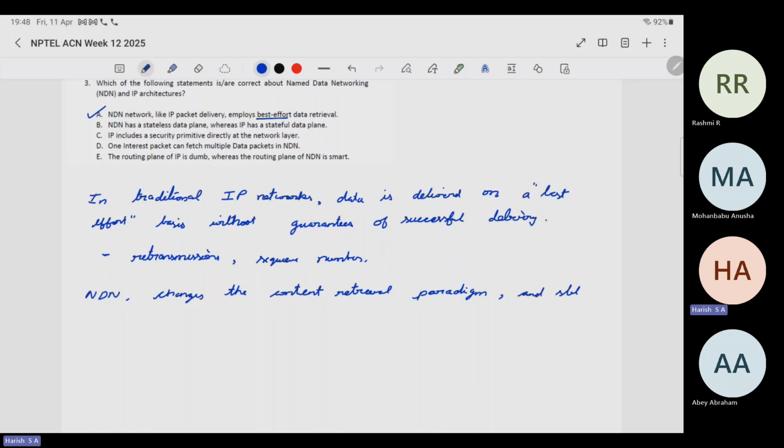And still does not offer a guaranteed delivery mechanism.